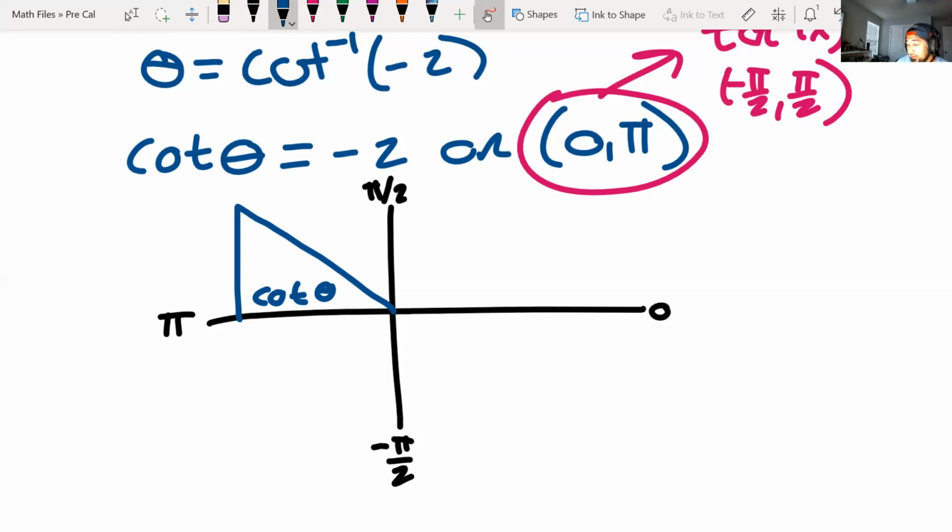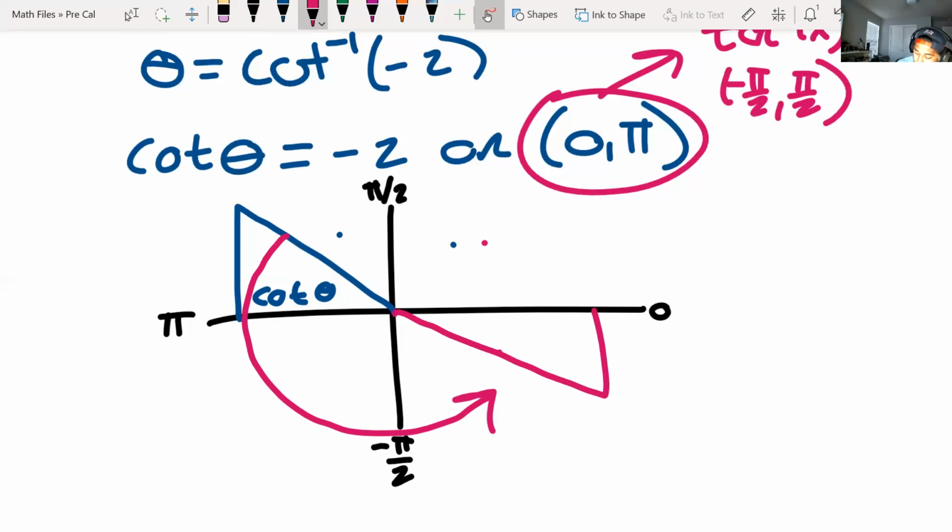But once again, cotangent lives in quadrants 1 and 2. Tangent lives in quadrants 1 and 4. So we have to figure out a way of how to get this angle into quadrant 4. How do we make it into tangent theta?